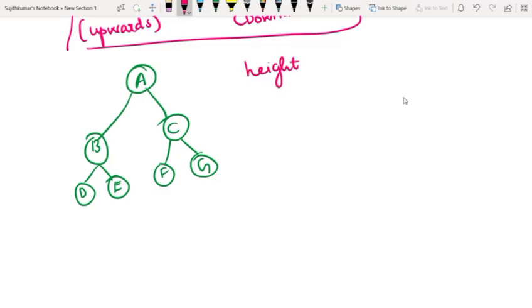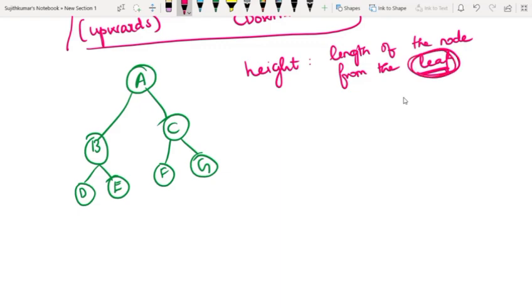The height of a node is the length from the node to the leaf. You start from the leaf and go upward till the node. That's why I told you upward: you start from a leaf and go up. That's how you measure the height.